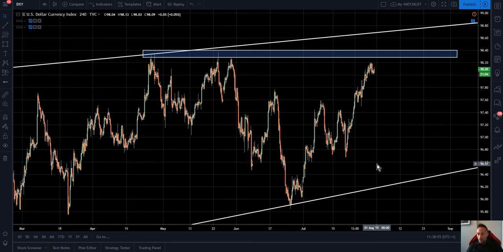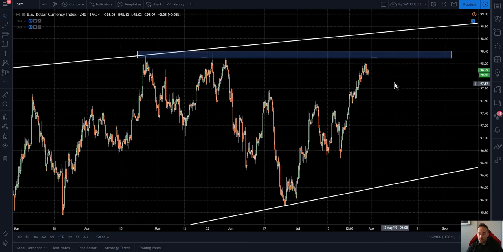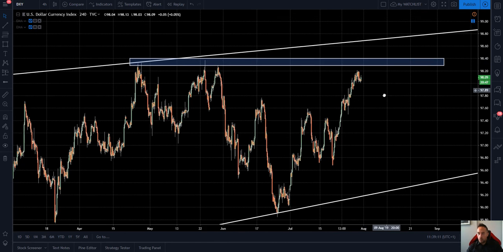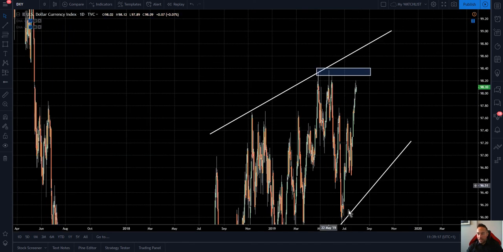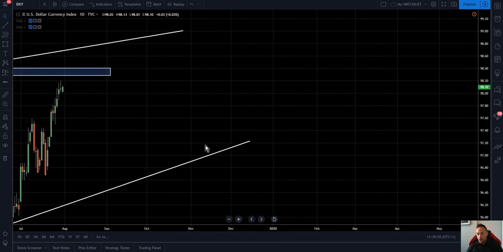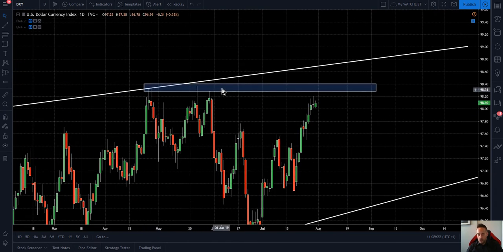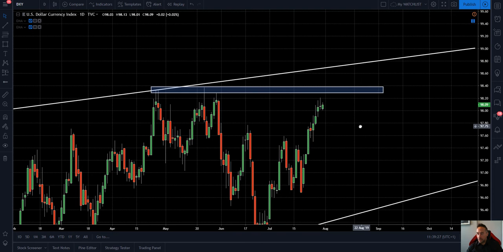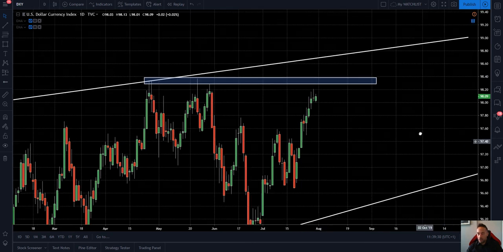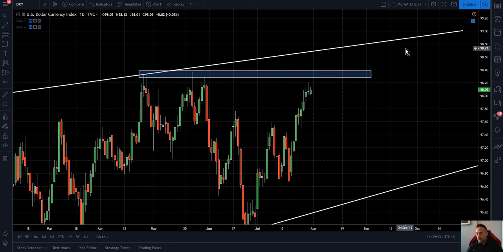So I actually think we could test this 98.3 region, and in fact, if it is 25 basis points, or if there's no change at all, I think we are going to be testing this 98.3 region, and we could possibly break it. Okay, if we get a daily close higher than these candles here, higher than this kind of region I've marked out, then I think we are going to see further upside. So we're talking to the top of this channel, perhaps 99 even.